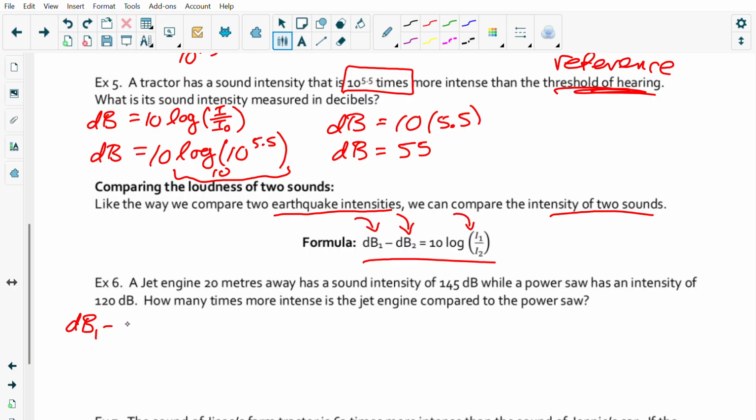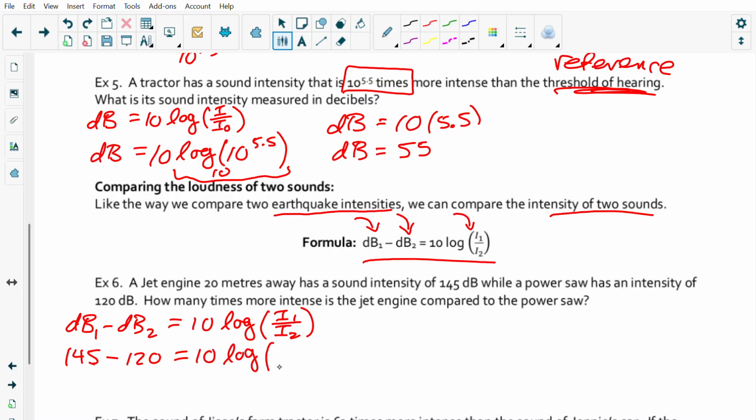So let's use our formula. 145 for the jet engine minus the power saw 120, the decibel levels, equals 10 times log of I1 over I2. So we're comparing the two intensities. We want to know how many times more intense is the jet engine. Well, we're going to solve for the I1 over I2 value. Okay. So what do we get? We get 25 equals 10 times the log of I1 over I2.